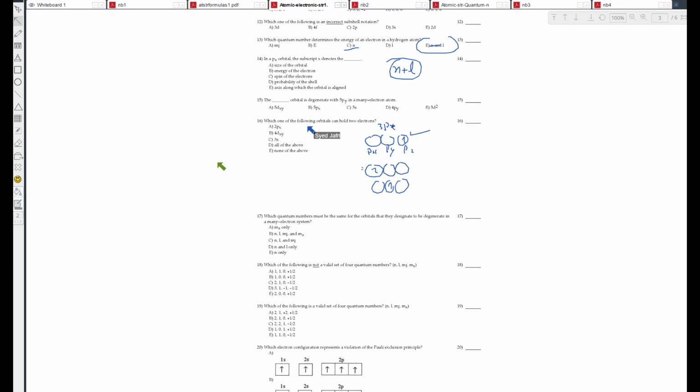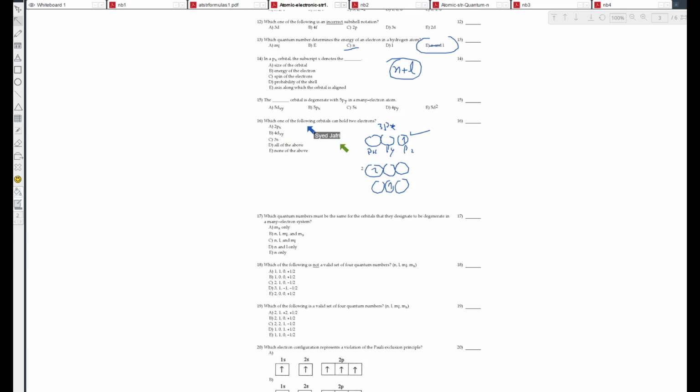I'm not sure. 2px, this one orbital could hold two electrons. If it were just a 3s orbital, it could hold two electrons as well. So A would work, 3s would work. Now 4dxy, I'm not sure. Also is one orbital. This xy is one.